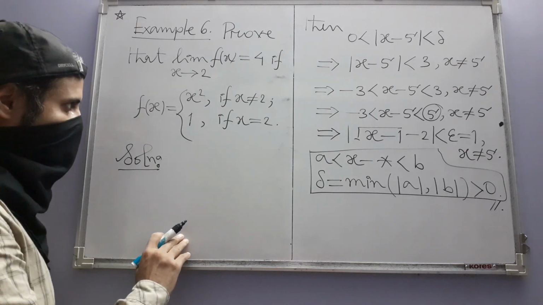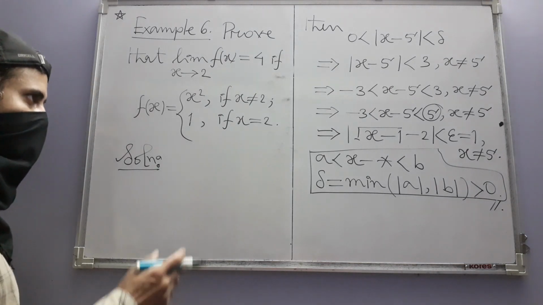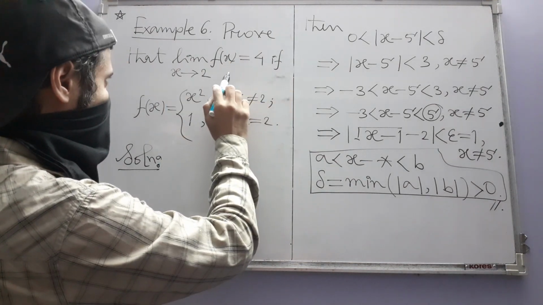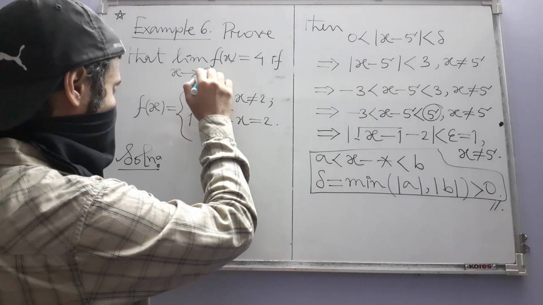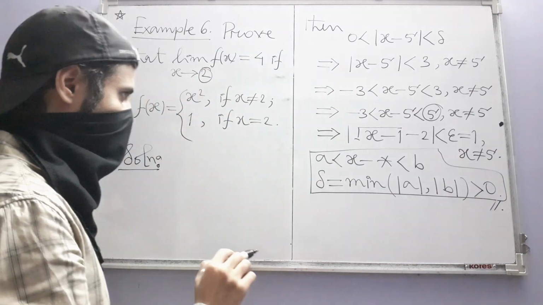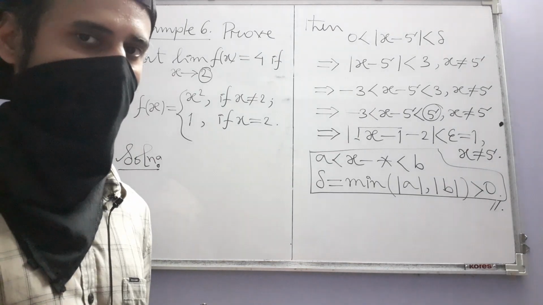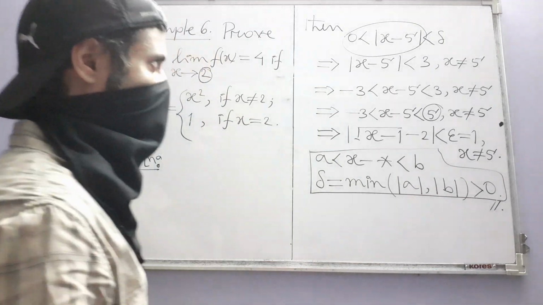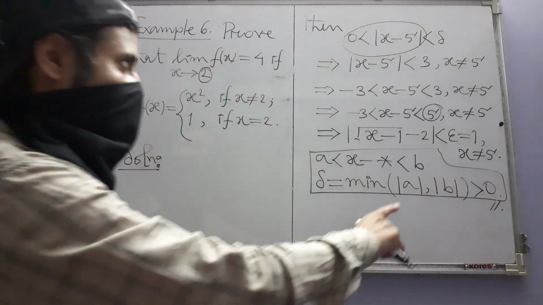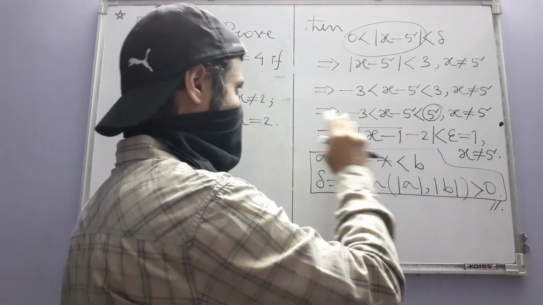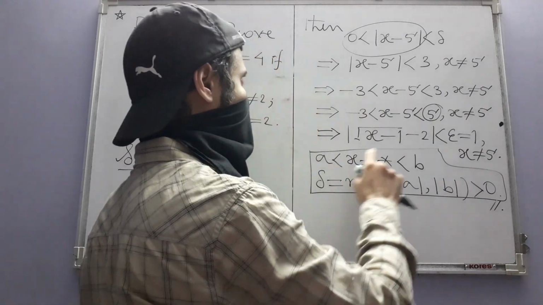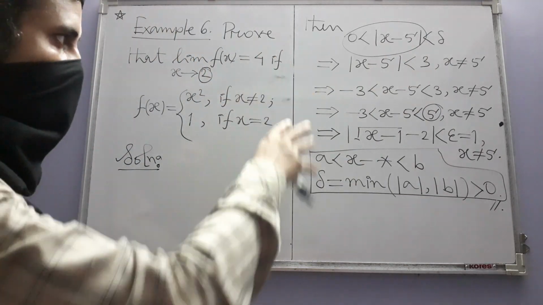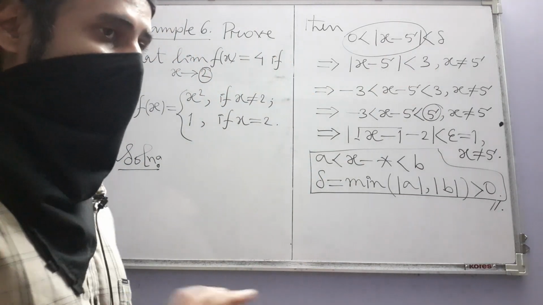right at the outset there is a simplification, because you recall that in a limit what goes on at the point where the independent variable is approaching does not matter. In that previous limit, although we did not establish it, but still assuming that that is true, x is approaching 5, but the limit has nothing to do with x being equal to 5.